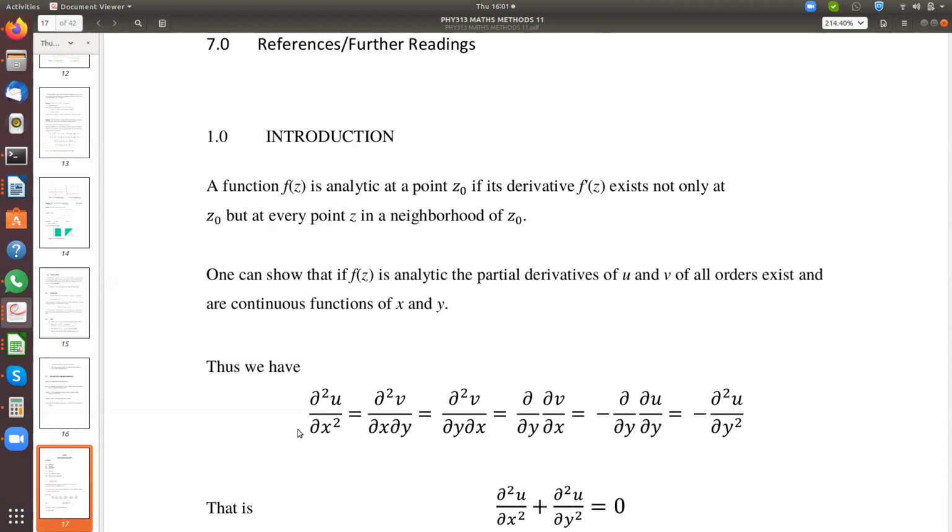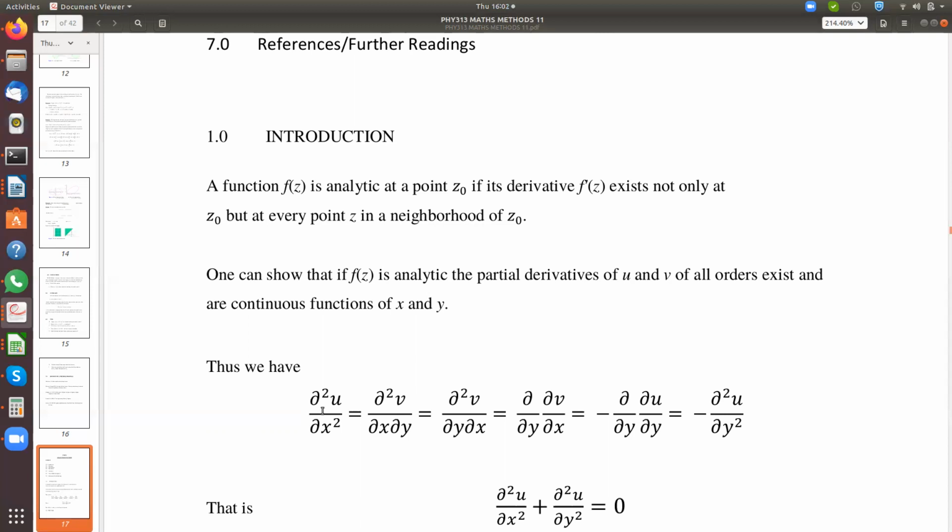Let's say, for example, we can take the second derivative of u with respect to x, which is also equal to taking the second derivative of v with respect to x and y. So in this case, we have taken the derivative with respect to x once and also to y.